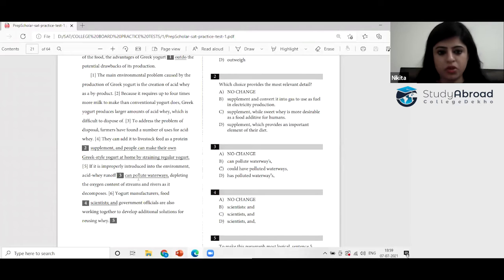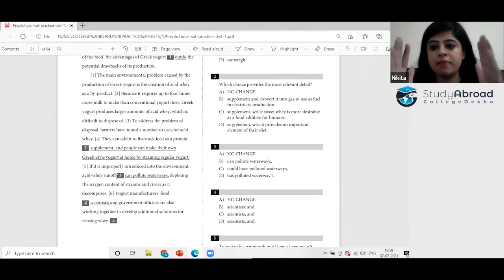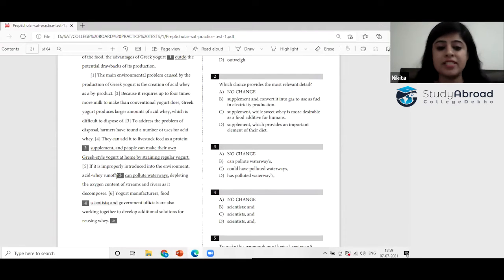So, coming back to the question, it said, if it is improperly introduced into the environment, acid waste runoff can pollute waterways. That means there is a little surety that it might do that. Okay. And in B part, it says can pollute waterways. So the very first question that we need to ask ourselves is, do we need the possession over here?